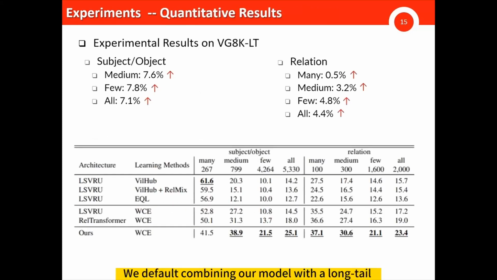We train our model with a long-tail loss function with cross entropy. Our method has demonstrated superior performance on the first dataset's long-tail, especially for the few categories. We observe significant performance improvements in subject, object, and relation predictions, especially achieving 23.4 few-class accuracy, outperforming the previous best by 4.4%.